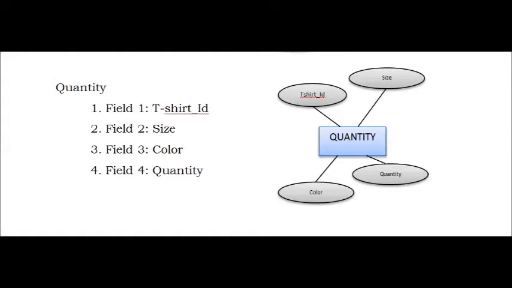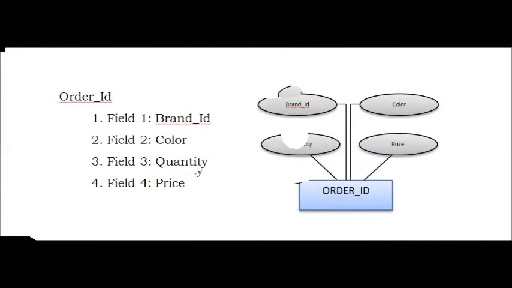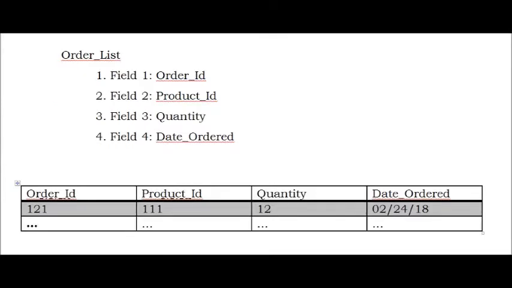And also the t-shirt ID, size, color, quantity as the attributes of my quantity, and the brand ID, color, quantity, and price as my attributes in the order ID. So there is an attribute that is connected to the relationship, which is the order list.